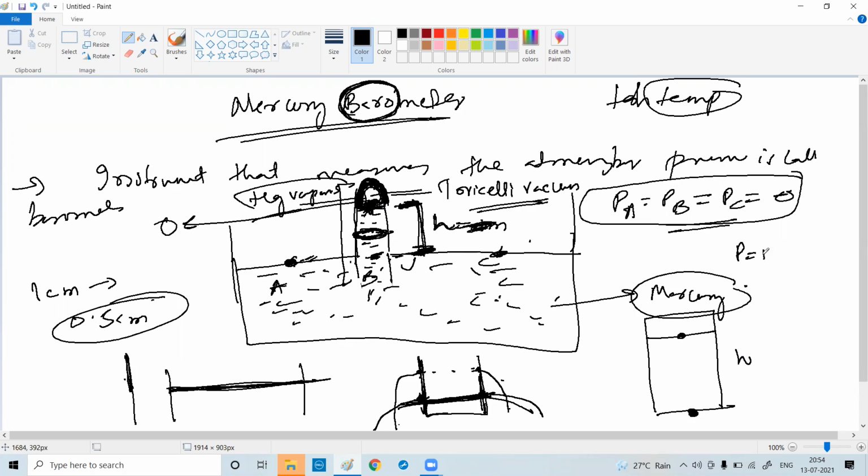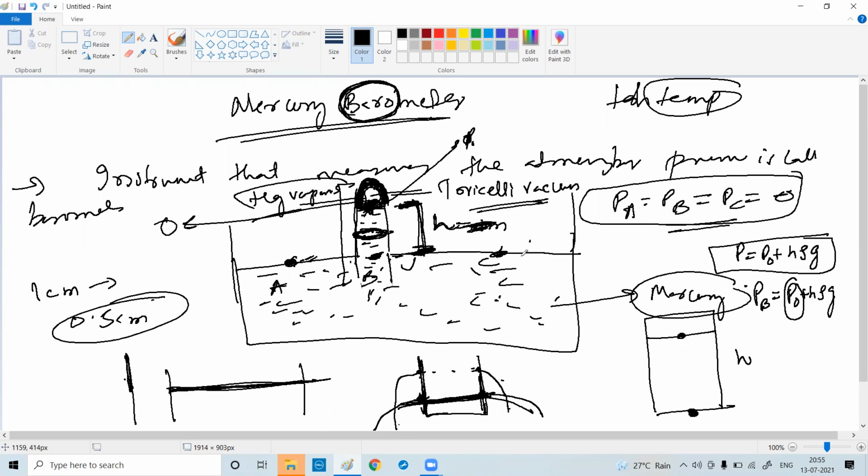P equal to P naught plus H rho G. So can we write PB is equal to P naught plus H rho G, where this point is P naught?